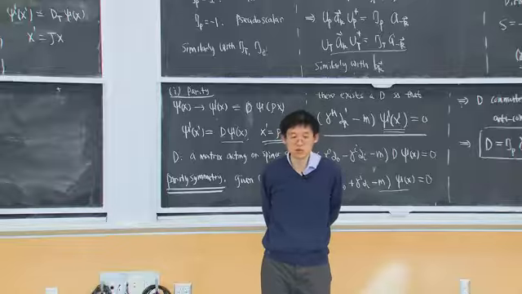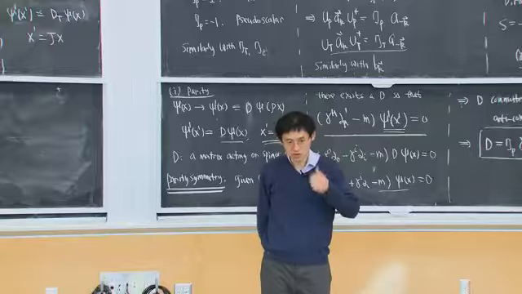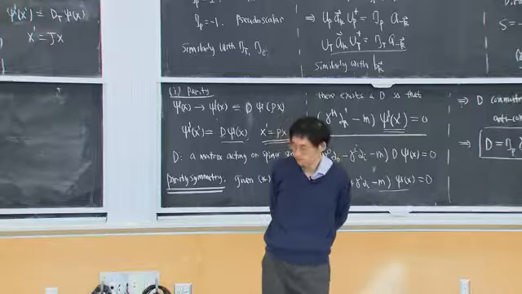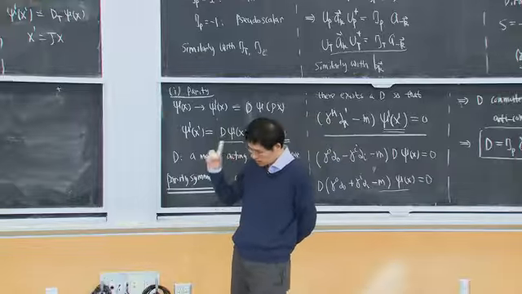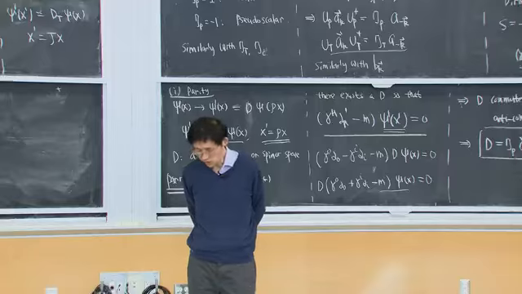If they were related by a boost, then we would only need to worry about one of them, because the boost you already understood. They are not related by any continuous transformation.